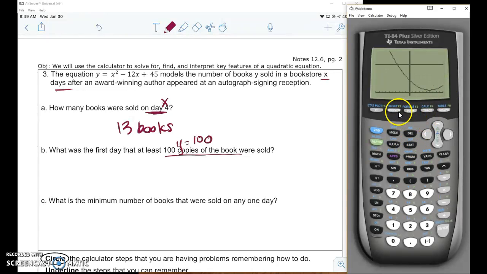Okay, and I can't see in the positive time where it crosses, so I'm going to change my x max to 50 and see if I can see better. I can now see where it crosses, so second trace intersect. I'm going to get somewhere close to that spot. Okay, enter, enter, enter.